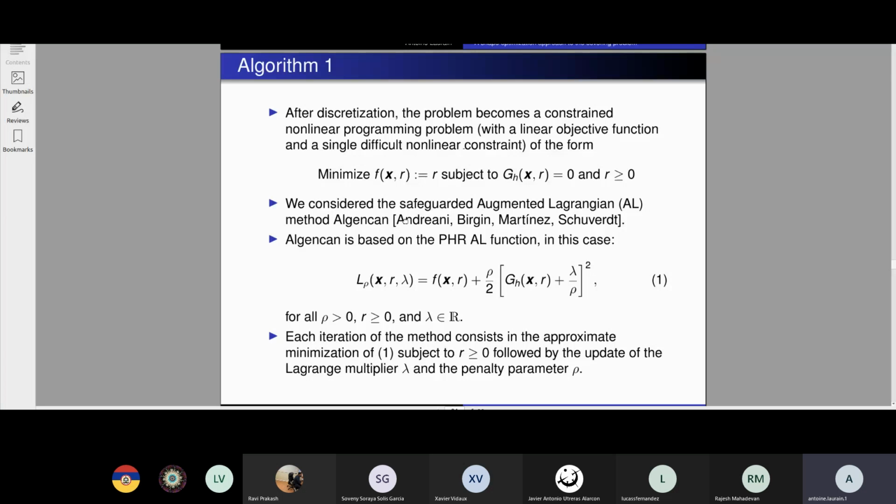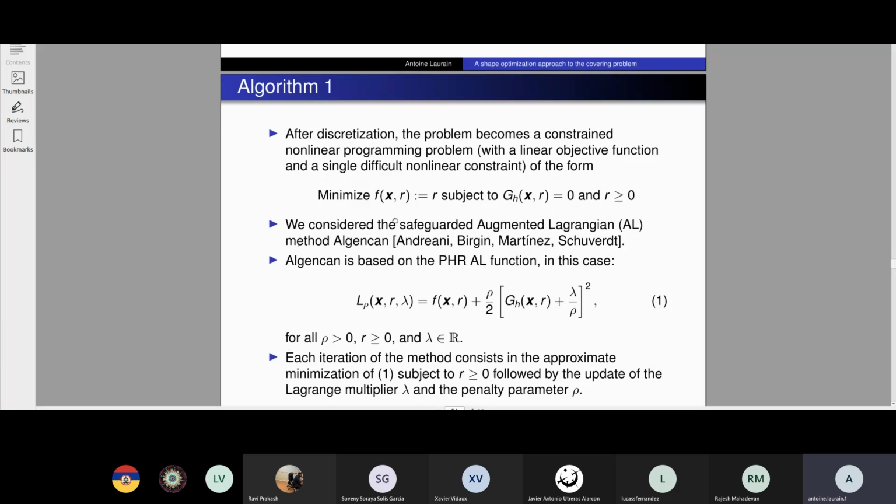Campinas is a big city close to São Paulo, and there's a very strong group of optimization there. And they have developed a well-known method which is called Algencan. So it's a software that you can use to solve a certain type of optimization problem. This problem fits quite well in this framework of Algencan. And so we can just feed Algencan with the first and the second derivative, and it's going to give the solution, right?